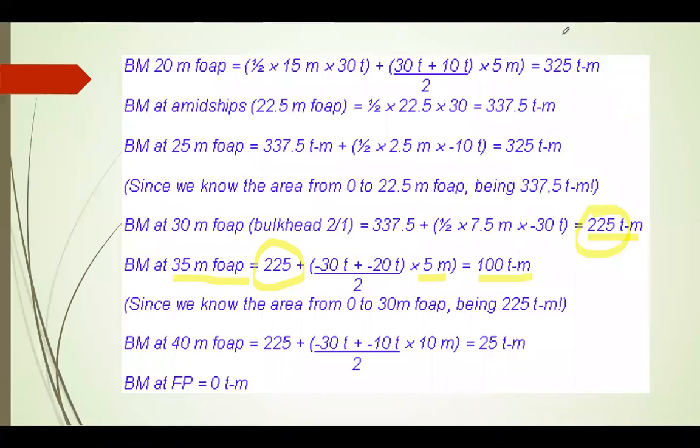You will have a similar type of problem, only finding out the values will be different. Maybe instead of loading in number 2 compartment, if you load in 1 and 3 compartment, your values will change, finding out areas will change. Maybe I'll look for one more problem and I will post it to you. But basically the concept is the same. In shearing forces and bending moments, you find out with the distance and the load, and here you find out with the area. That's all.